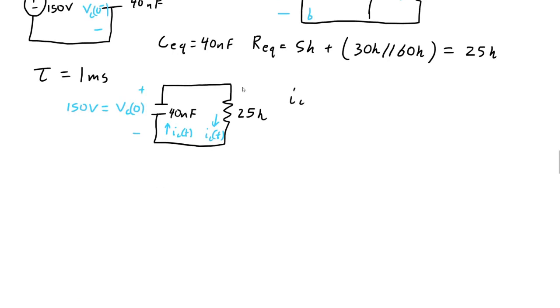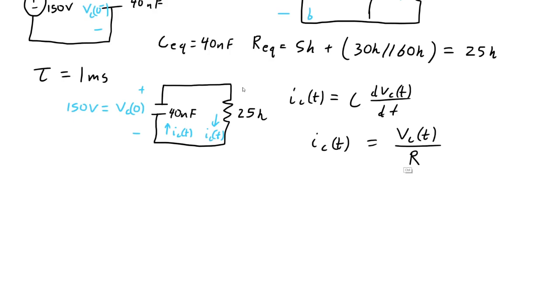So we have Ic(t) is equal to the capacitance times the change in voltage over time. And Ic(t) is going to be Vc(t) over R, which is 25K. And go ahead and put the 40 nanofarad in there too.